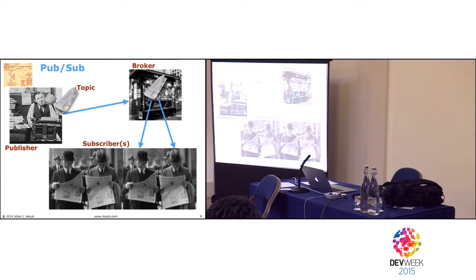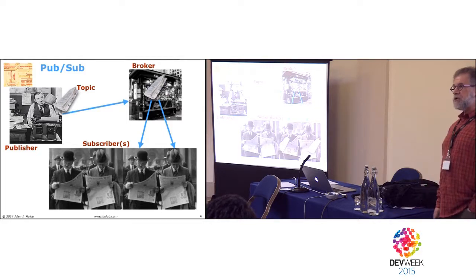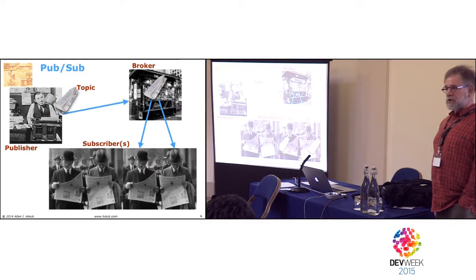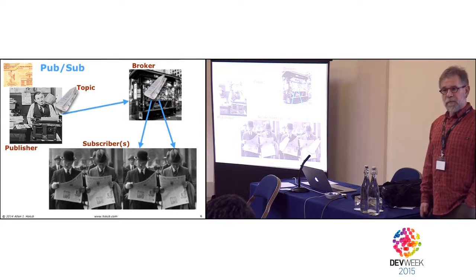When the publisher publishes that thing on the topic, the publisher talks to the broker, but nobody else. The broker talks to the subscribers. But notice that only two of those guys got a newspaper down there. In other words, if you don't subscribe to the topic, you don't get the message. So the basic idea of publish-subscribe is that only people interested in certain topics get messages. And it's up to the subscriber to express its interest in the topic in order to be informed when something is published to that topic.